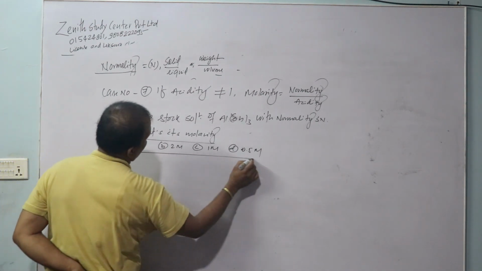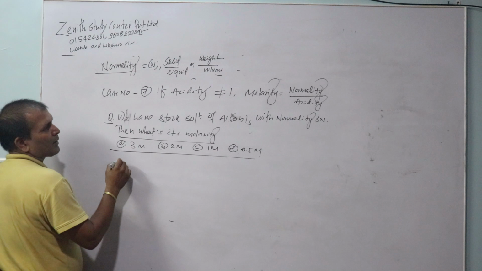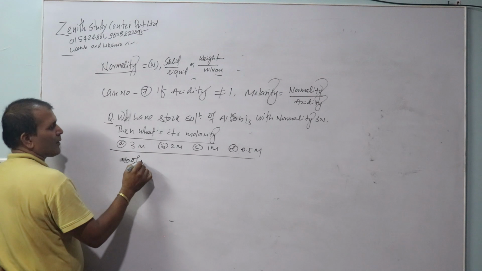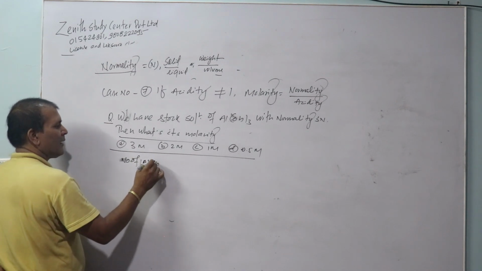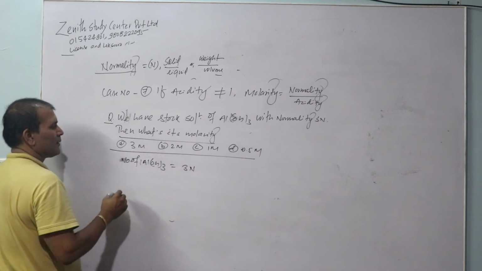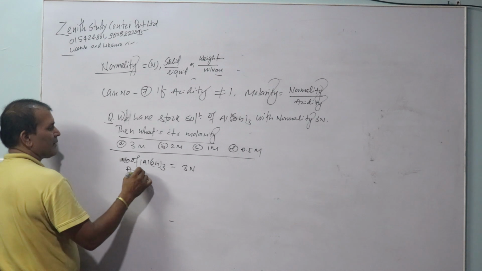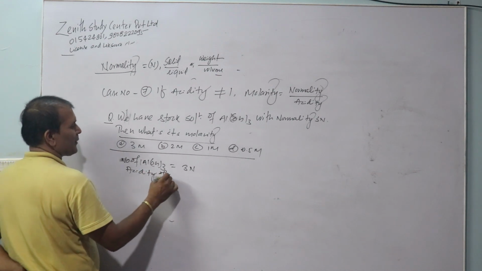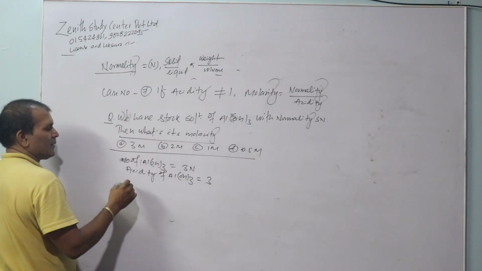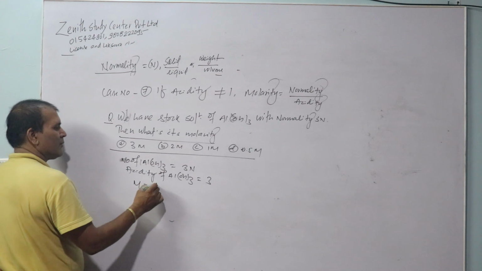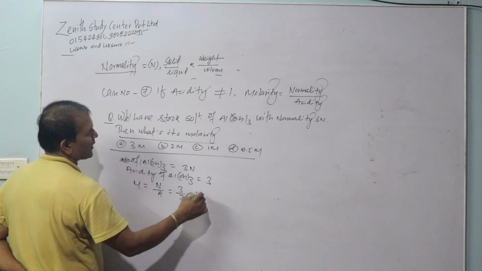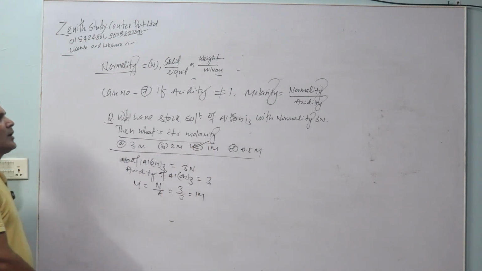You already know that the normality of aluminum hydroxide is 3 normal. And what is the acidity? Acidity of aluminum hydroxide, since it has 3 OH, is 3. Then molarity is equal to normality by acidity, 3 by 3, 1 molar. You can take 1 molar.